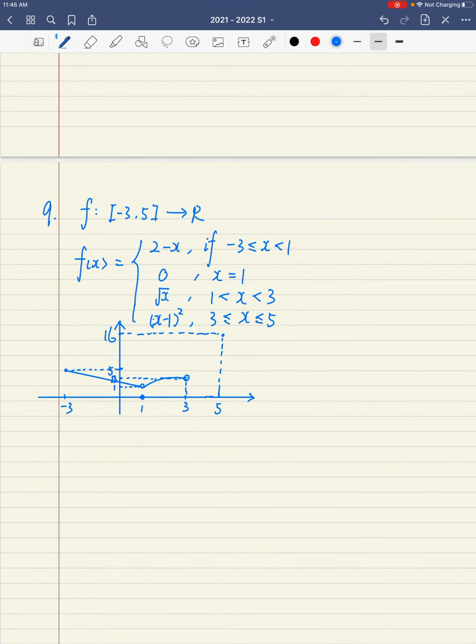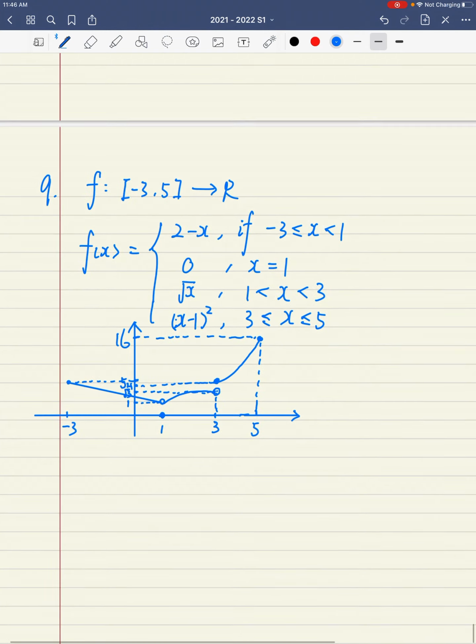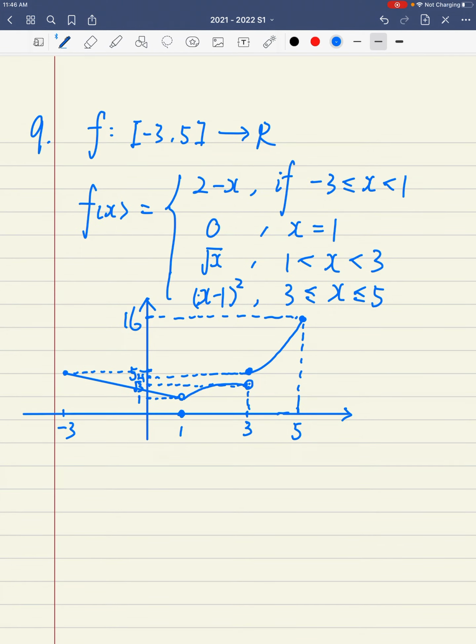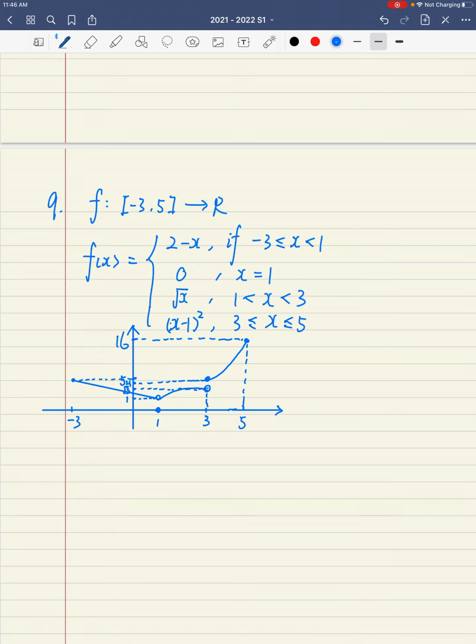Then what about when x is 3? It's 3 minus 1 squared, that is 4. And the quadratic curve is like this. So these are the 4 different parts of the function.